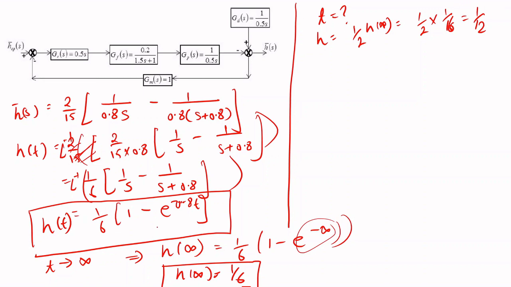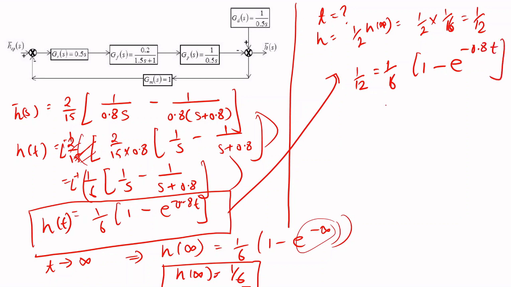In this equation we can simply put h equal to 1/12 and equate it to find the time, that is, 1 by 12 equals 1 by 6 into (1 minus e raised to minus 0.8t). So 1 by 2 is equal to 1 minus e raised to minus 0.8t, that is, e raised to minus 0.8t equals 1 by 2.